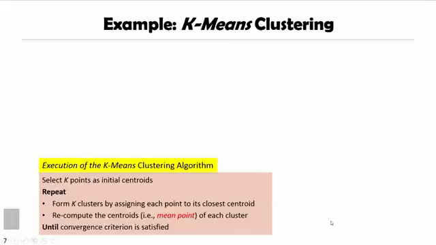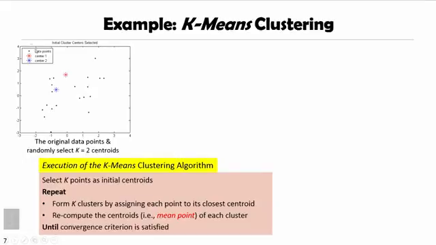Now let's look at an example of how we can execute this k-means clustering algorithm. Suppose we are in 2D space. Initially, the black points are the initial data points. Based on the first line of the algorithm, we select k points as initial centroids.